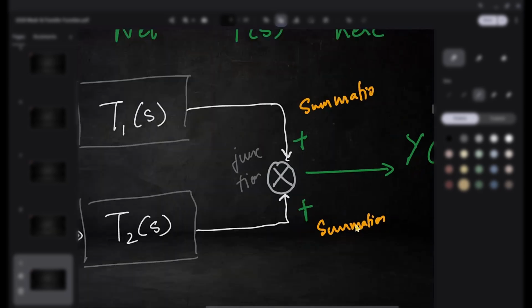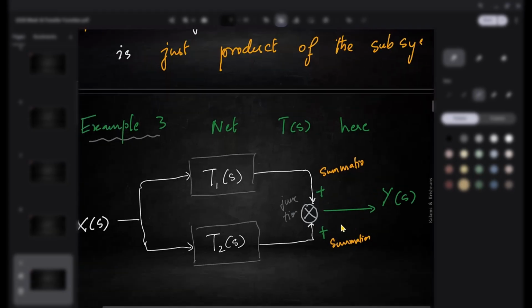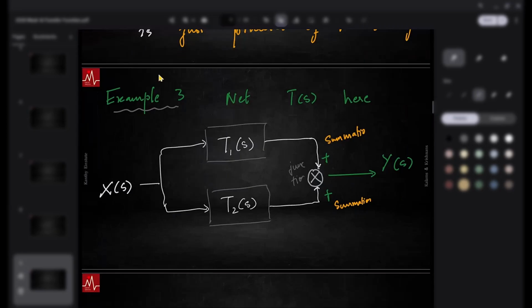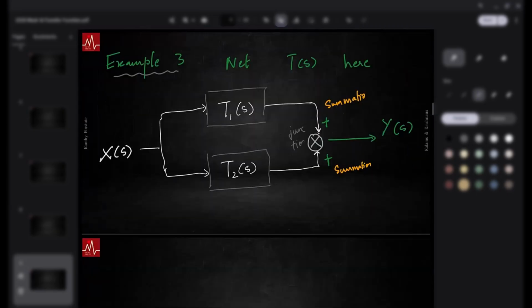Given that, what is the net ratio of output to input? This is reasonably easy. Let me help you out with this. What shows up here is X T1. What shows up here is X T2.